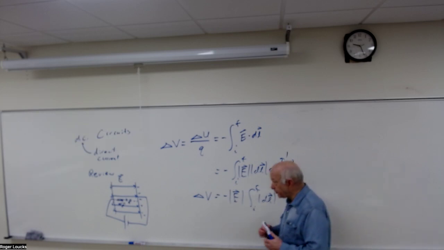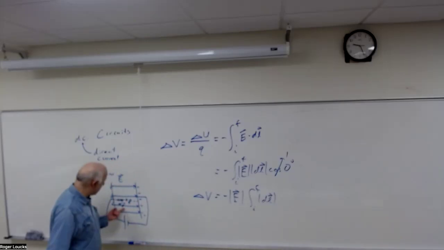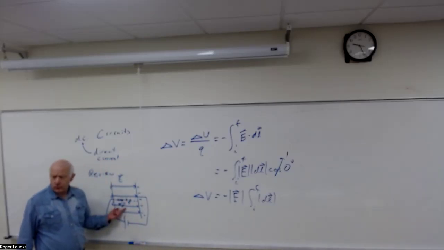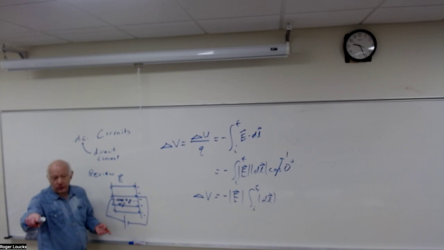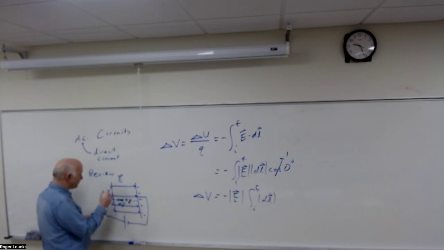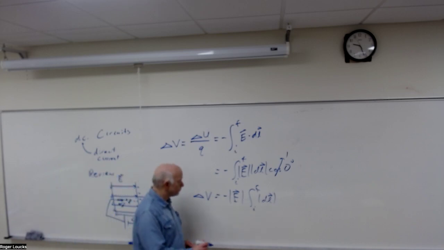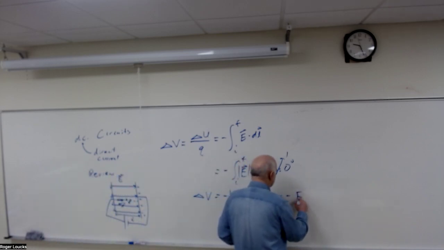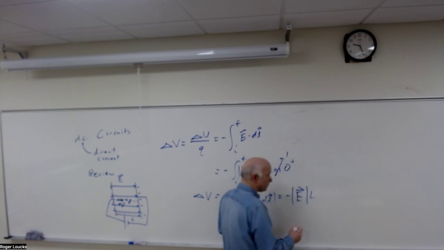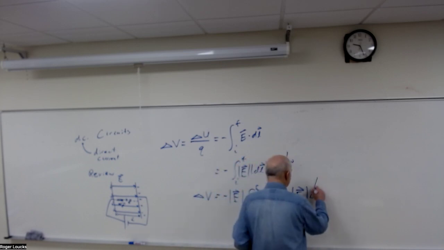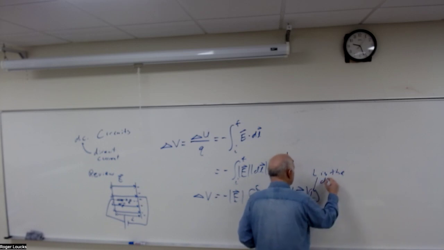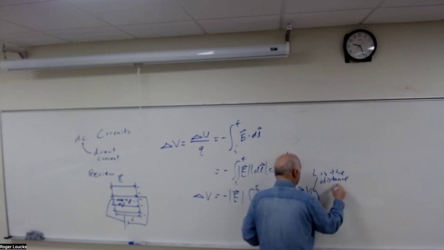We get the separation distance here, which would be L. I think we were calling it D before, although we're going to switch it to L right away. So I'll call this distance L like that. So it's going to be minus E L, where L is the distance between the plates.